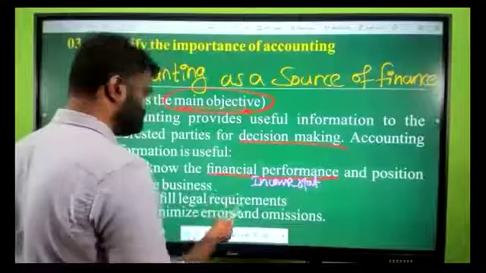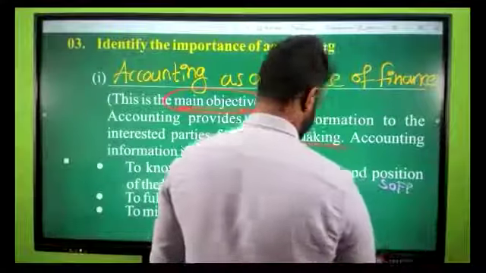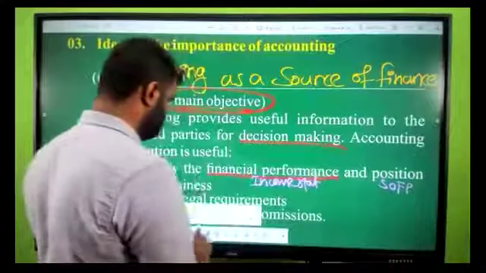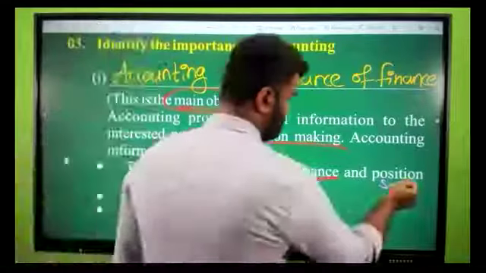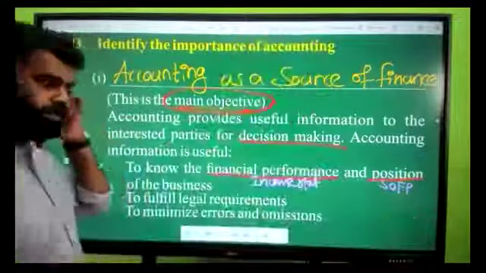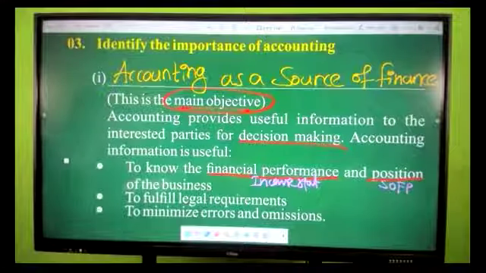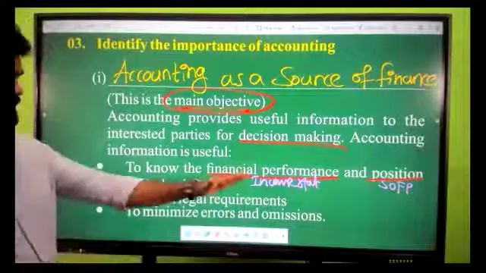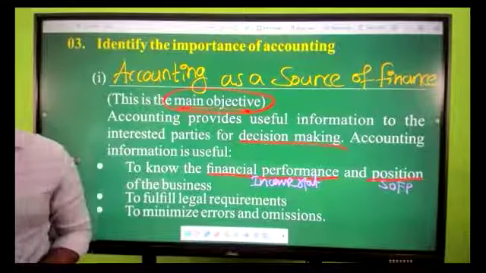And to evaluate the financial position of the business, we prepare the statement of financial position. Income statement and statement of financial position, to know the financial performance and position of the business.